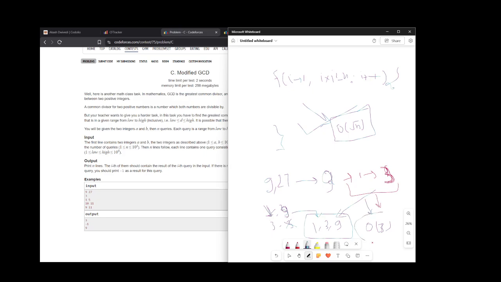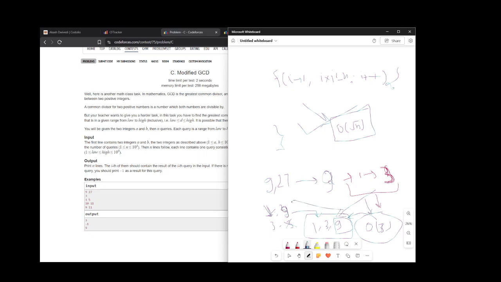Means it reduces the time complexity significantly, and the larger value is 9. Sorry, the larger value is... Let's do it till here, and then after we'll be checking for the range.